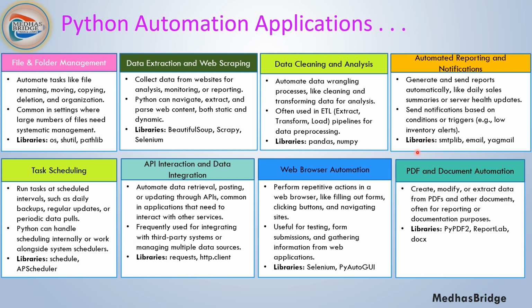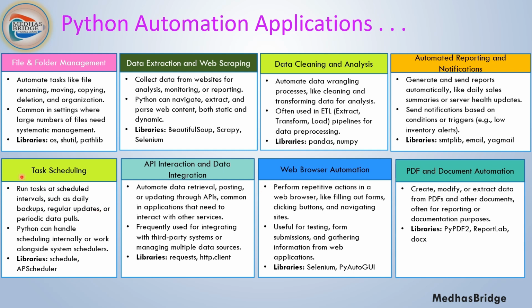When you say notification, it's typically through email. The network protocol we generally use is SMTP, so the libraries are smtplib, email, and Gmail. These are the libraries we use for reporting and notification, and this process can be automated using Python.